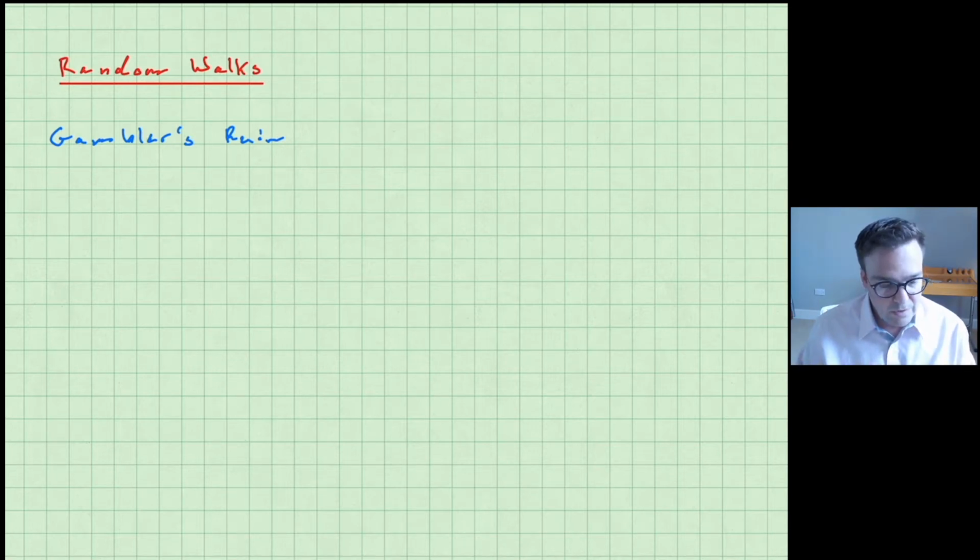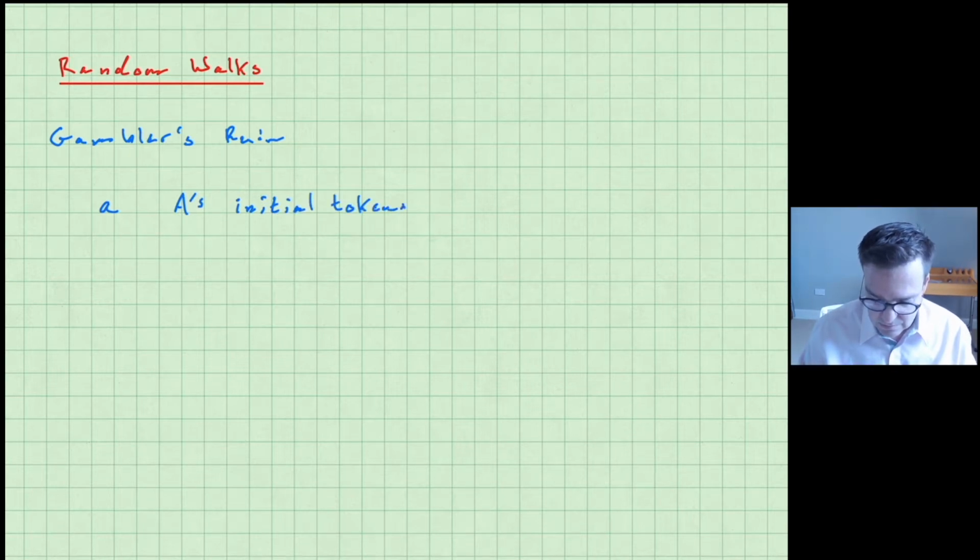So this is a game where there's two players, player A and player B, and we're going to let lowercase a be the number of tokens that player A has at the start. So this is A's initial tokens. So at the very beginning of the game, player capital A has lowercase a tokens.